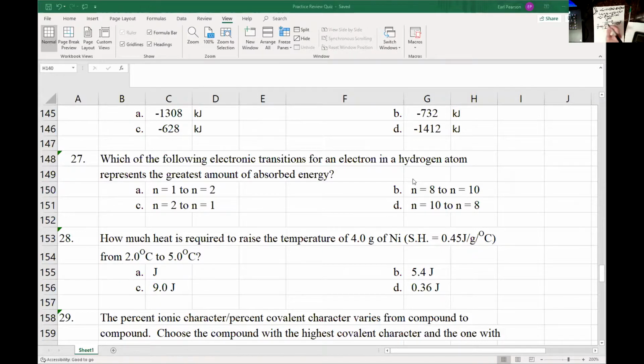Now, if you wanted to do the calculation, you could just calculate the change in energy value. It would be final state minus initial state, 1 over 10 squared minus 1 over 8 squared, or 1 over 2 squared minus 1 over 1 squared. The biggest difference is going to be the 1 to 2. So however you think about it, the correct answer is pretty easy to get. It has to be A, the only one it could be.